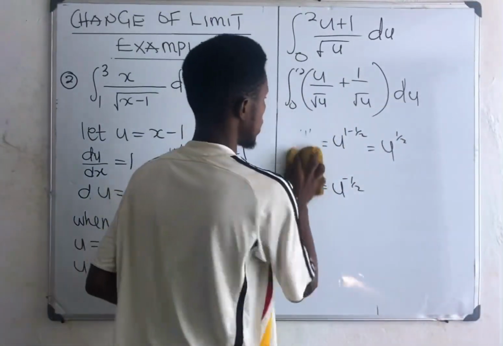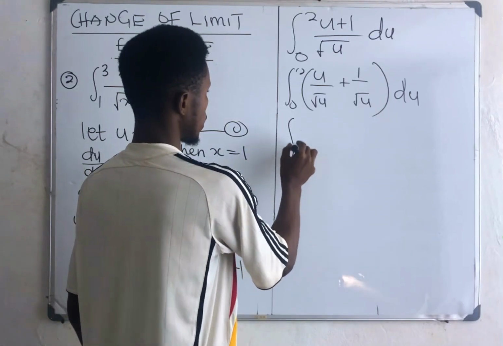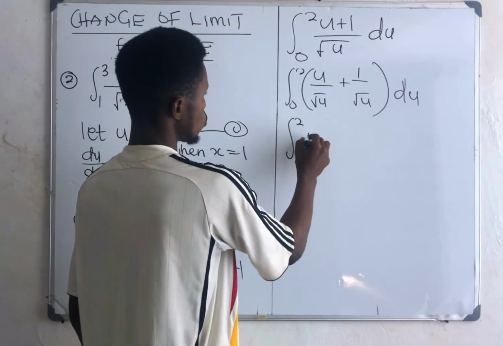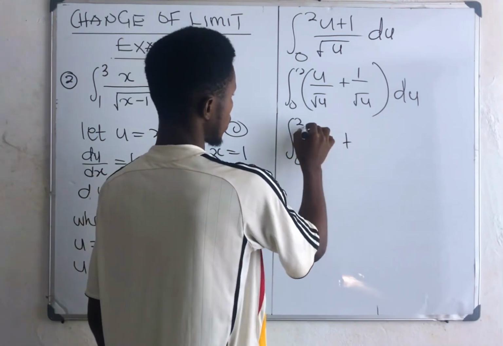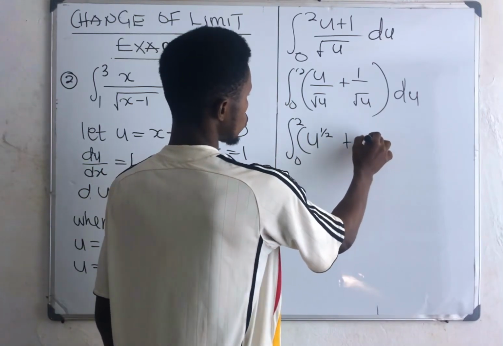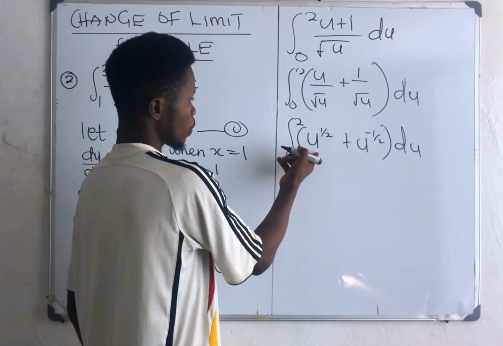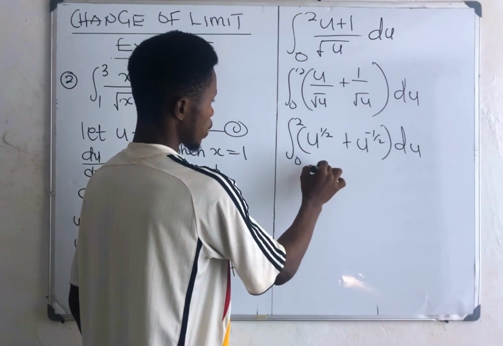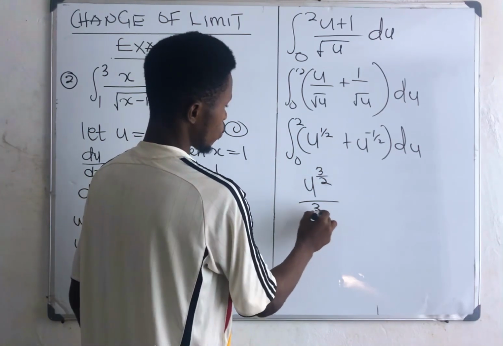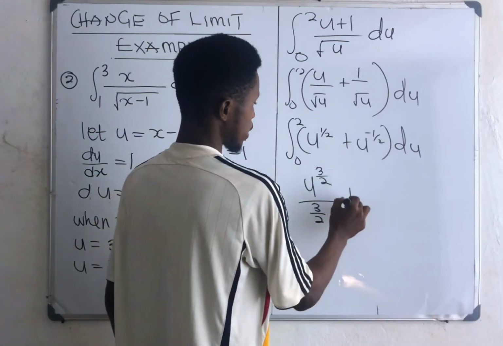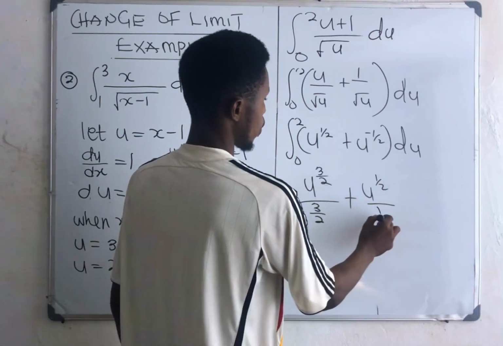So let's clean this. Per what I just did, the whole of this is u to the power half plus the whole of this is u to the power negative half, then du. Now, if I integrate this with respect to u, it will be u to the power 3 over 2, over 3 over 2, plus this gives us u to the power half over 1 over 2.